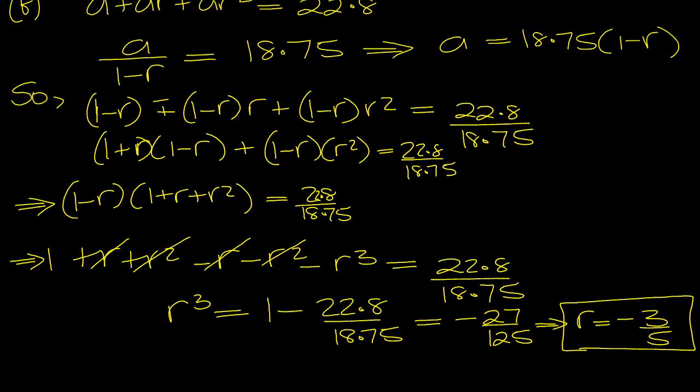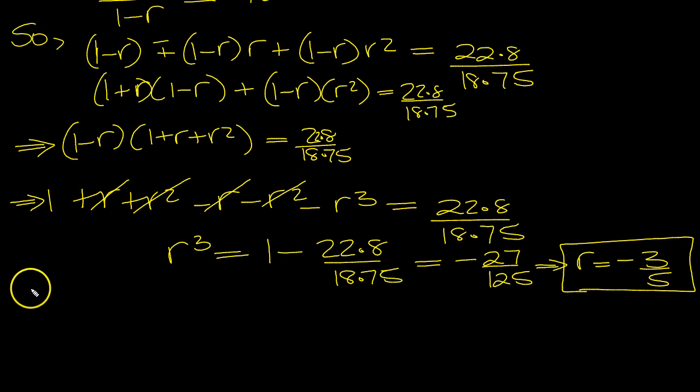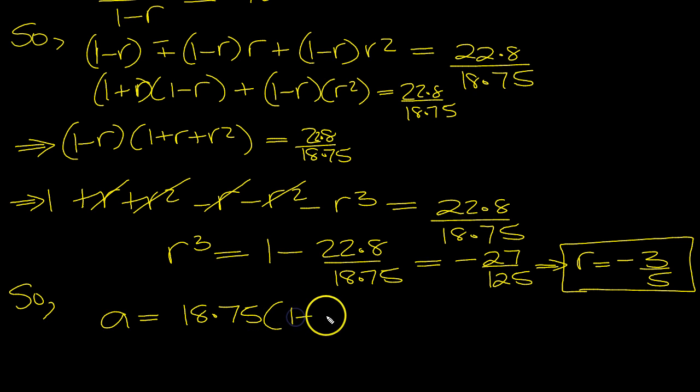So if r is equal to that, then a will equal to this. A is equal to 18.75 times 1 minus r, which is 18.75 times 1 minus minus 3/5, which is 1 plus 3/5, which is 8/5, which is 1.6.